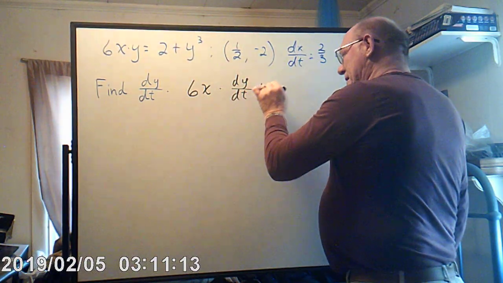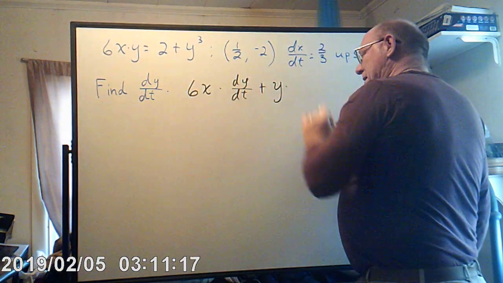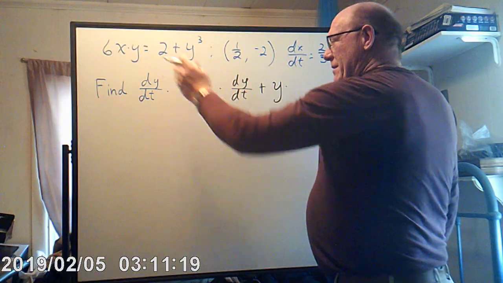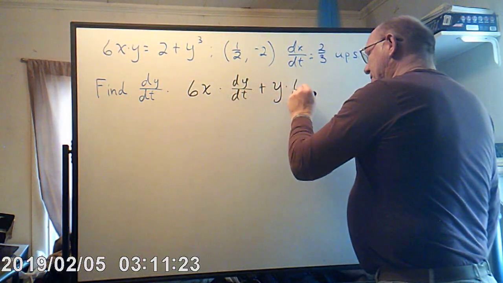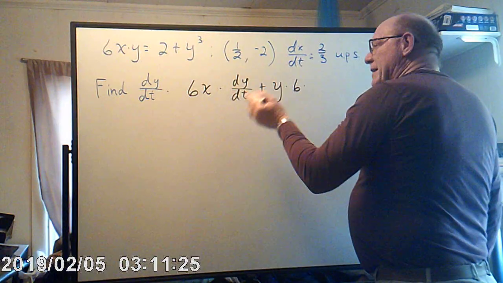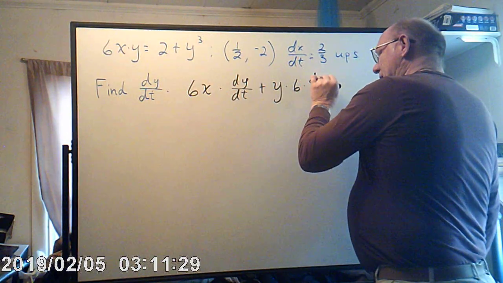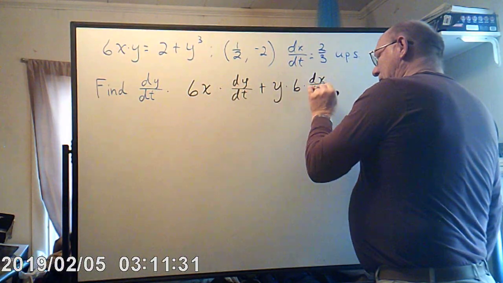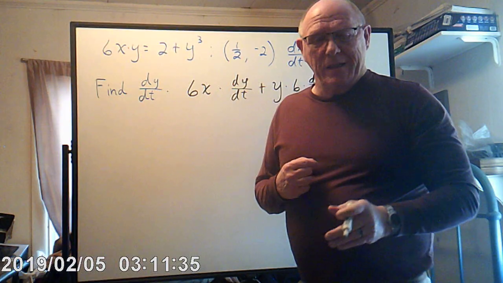So plus the second, which is y, times the derivative of the first, which the derivative of 6x is 6 rather. So 6 times what? dx over dt. So anytime you are taking the derivative of the y, you're going to stick dy over dt there.